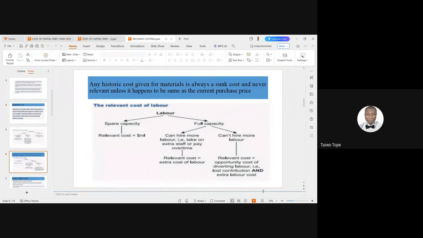Because the variable cost per unit or per hour will vary based on the decision on the quantity you want to produce. So always include variable overhead costs as part of relevant costs, based on what the question is saying at that point in time. Because the variable overhead cost changes with decision.